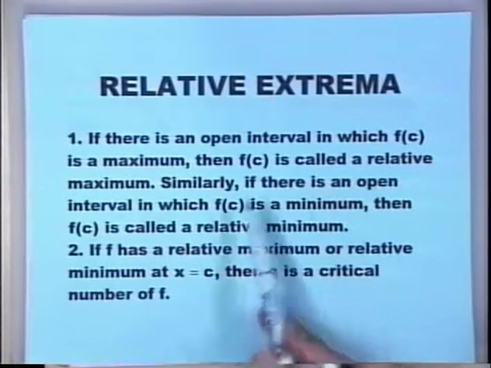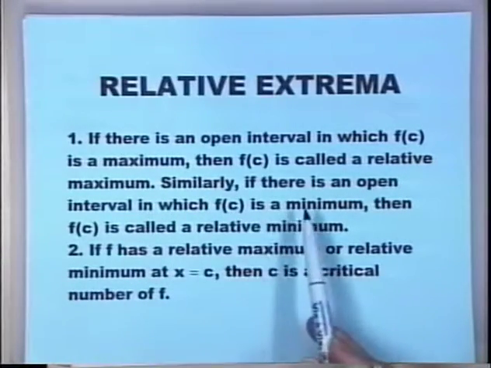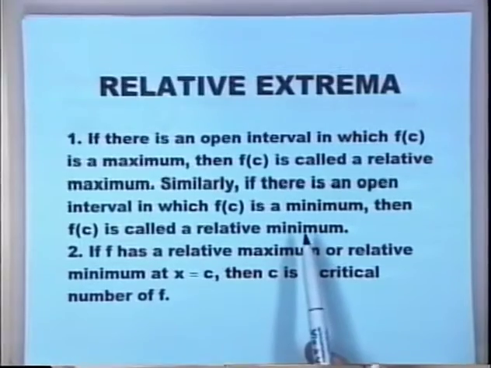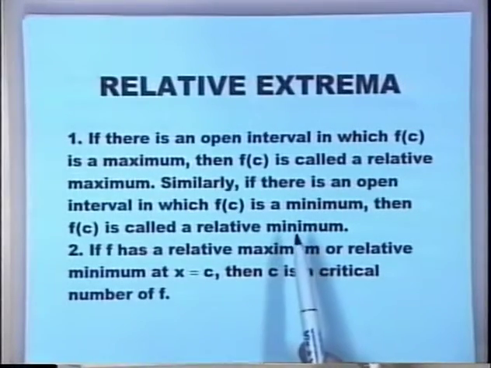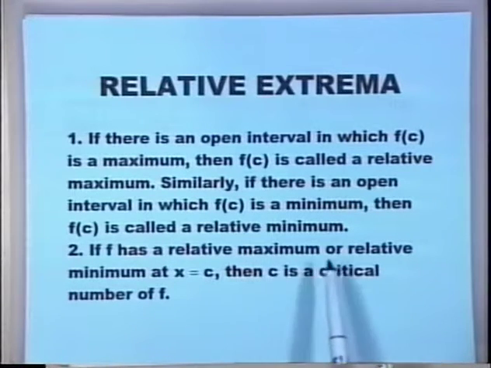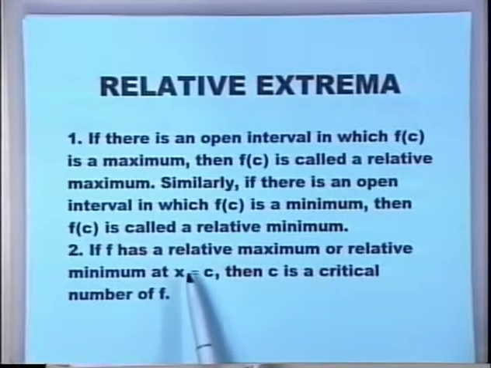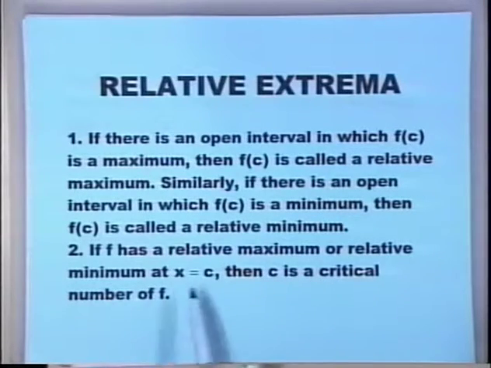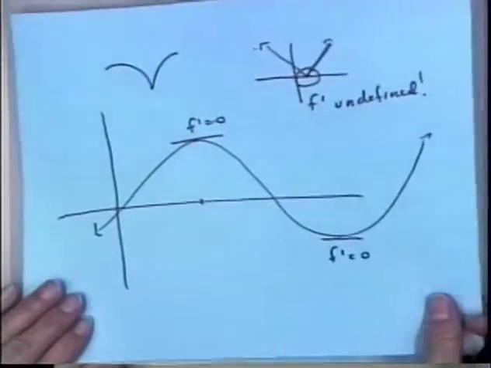Similarly, if there's an open interval in which f of c is a minimum, then f of c is called a relative minimum, a low point. This is the important thing. If f has a relative maximum or relative minimum at x equals c, then c is a critical number of f. Look back at this graph.